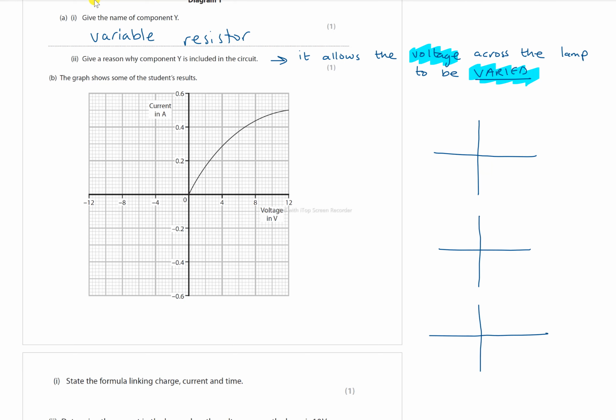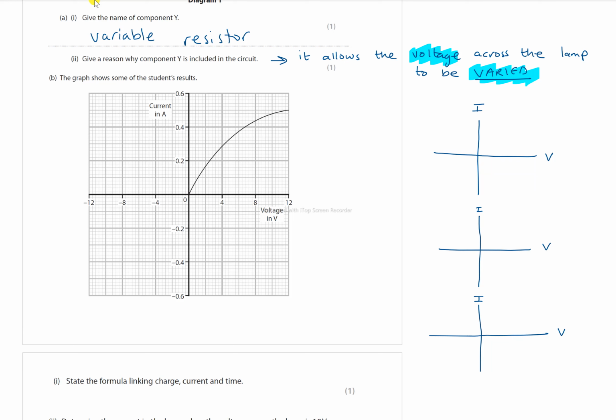It would be probably nice to learn them like this then. So you've got current, and this is voltage. So current, voltage, current, voltage. And you have to do it that way because then the gradient is the resistance.